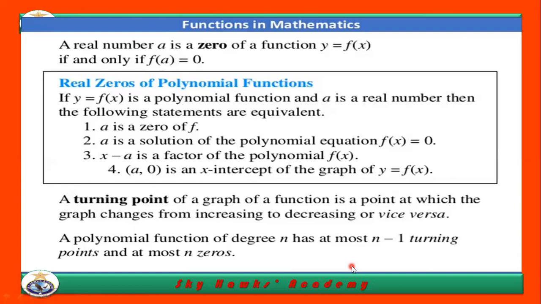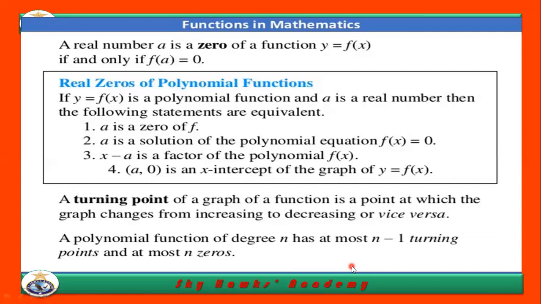If it is increasing and at that point it becomes decreasing, or if it is decreasing and suddenly goes up, increasing. So for a linear function, what is the turning point? Question is for you. If the function is linear, how many turning points?